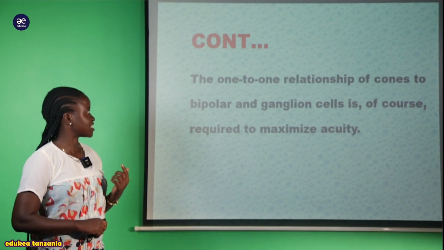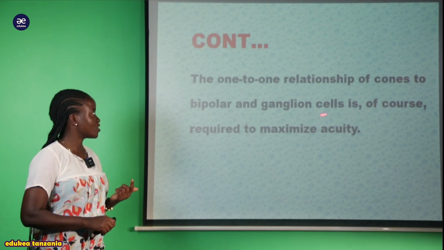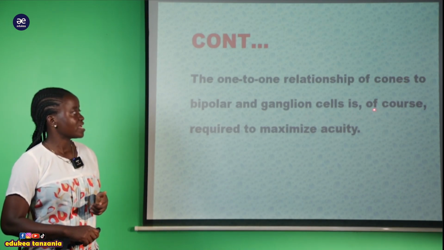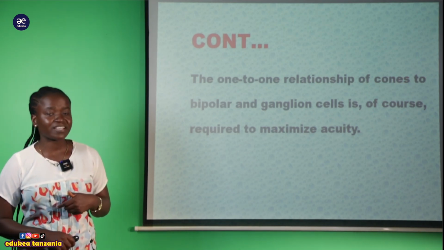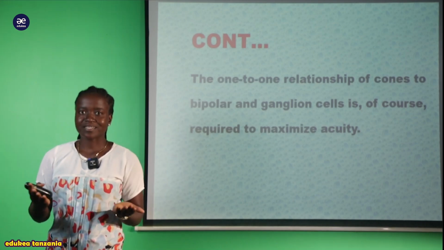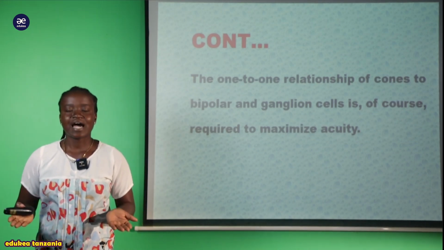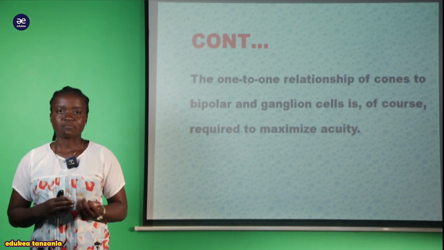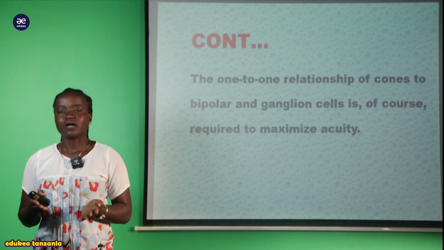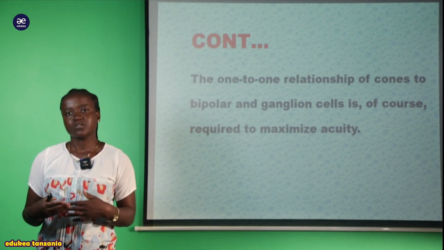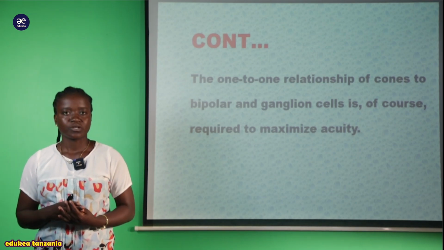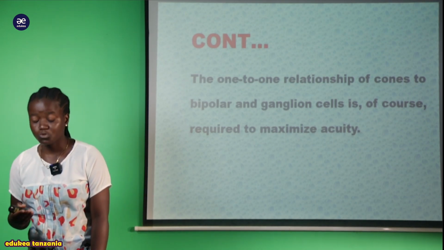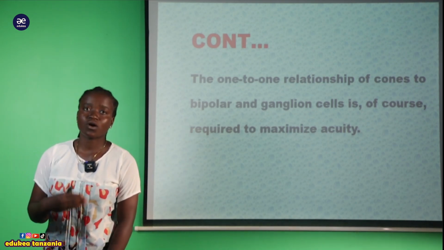So a one-to-one relationship of the cones, bipolar, and ganglion cells is required to maximize the acuity. Ndiyo ambayo inasaidia sasa to maximize visual acuity within the eye, kwa sababu visual acuity tunasema kwamba ni ability to see fine detail, and it is provided by the cones which are found within our eyes.